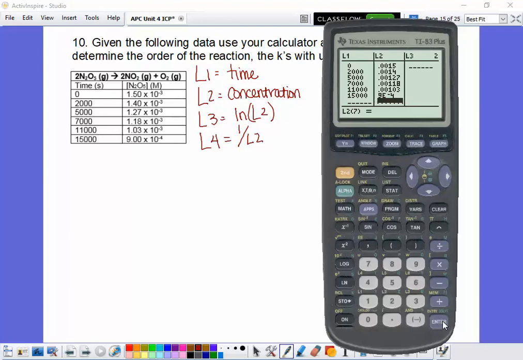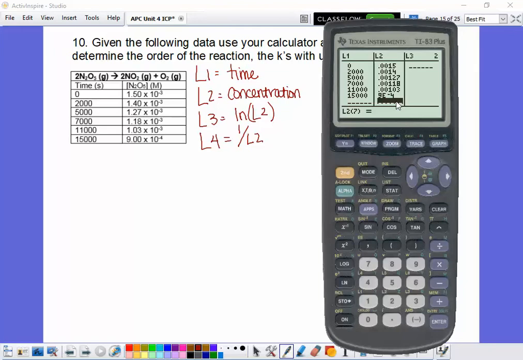Okay, anyway, so now for L3, we're going to do natural log of L2. Basically, we need the natural log of every single one of these concentrations. You can make the calculator do the work for you.